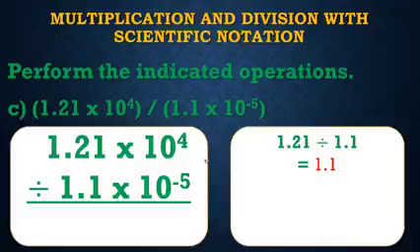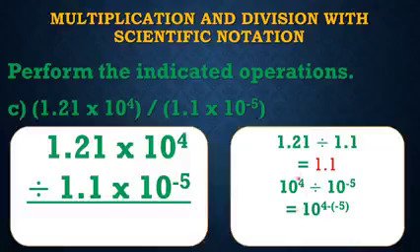Okay? What will we do with the exponential number? Okay, since the operation is division, what we will do with the exponent is subtract. That means 10 raised to 4 divided by 10 raised to negative 5 is also the same as 10 raised to 4 minus negative 5. 4 minus negative 5 is also the same as 4 plus 5. And 4 plus 5 is equal to 9.